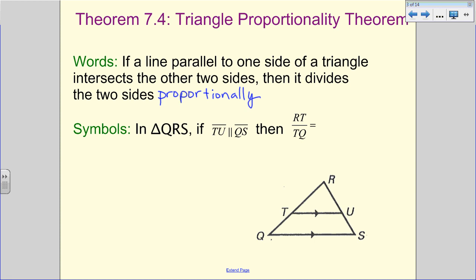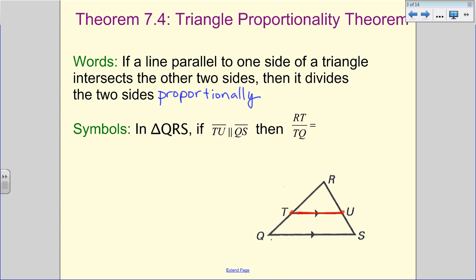All right, so we know one of our lines is parallel to a side of a triangle. So here's the line that we have parallel to the side of our triangle, QS, and it intersects the two sides. We're intersecting at T and we're intersecting at U. Then it divides the two sides proportionally.